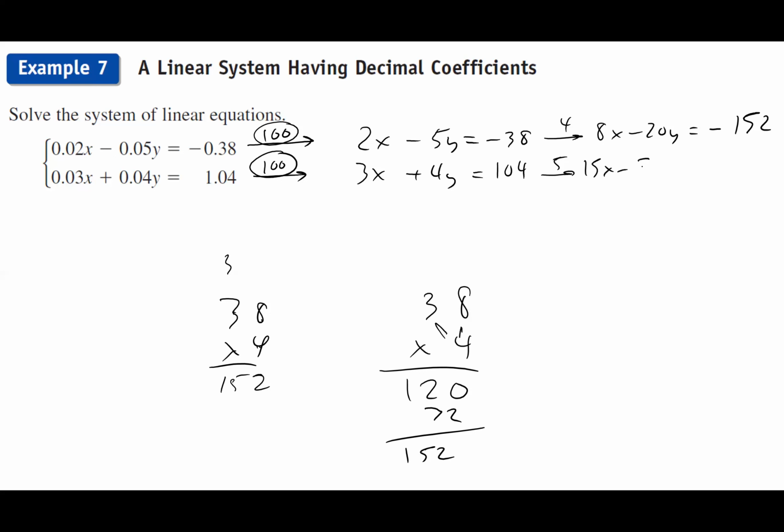Let's go with this one. 15x plus 20y, and this will be 520. 23x, done, and this is equal to 520 minus 152.